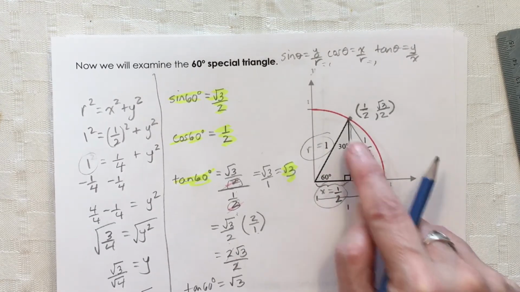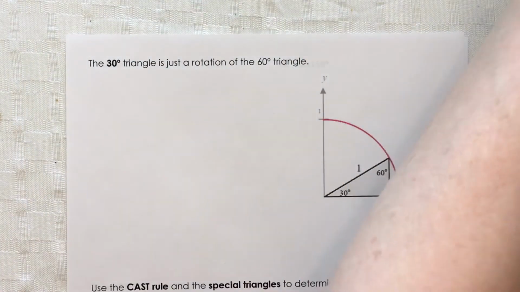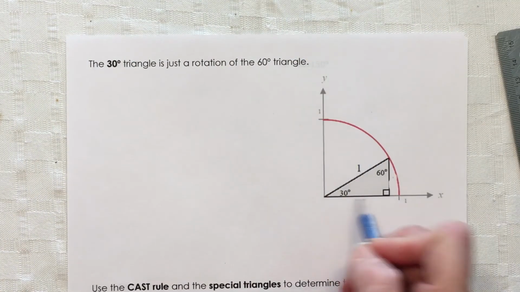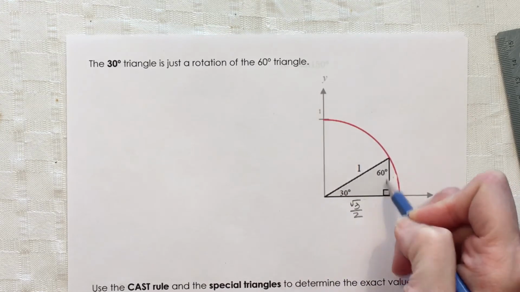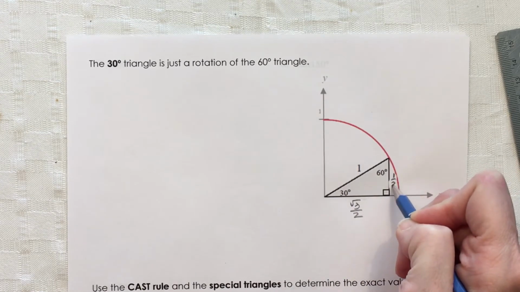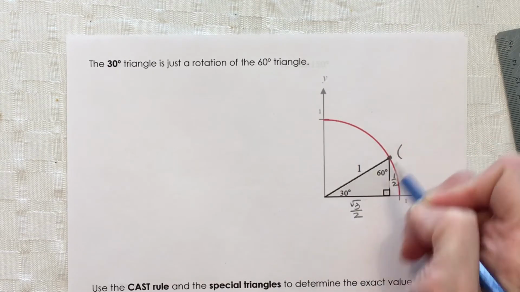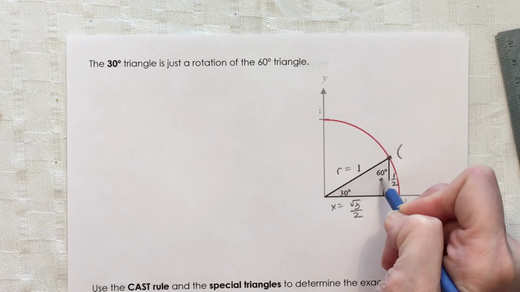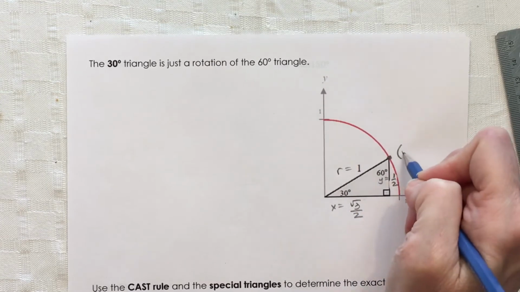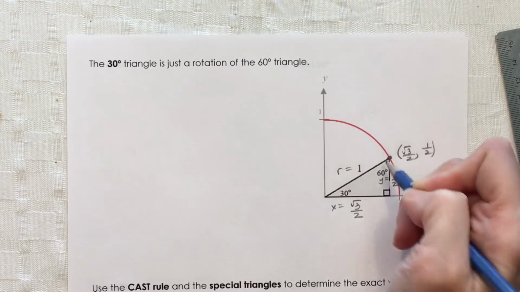And between the 90 and 30, the length was root 3 over 2. So if we just apply that here, between the 30 and 90, the length was root 3 over 2. And between the 90 and 60, the length was 1/2. So that makes this point here, when r is 1, so here's our x and our y, over root 3 over 2 and up 1/2.